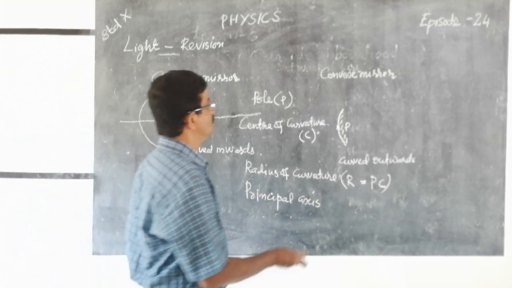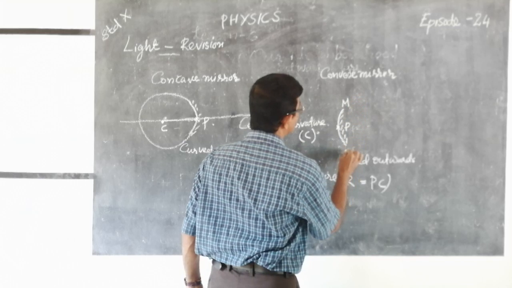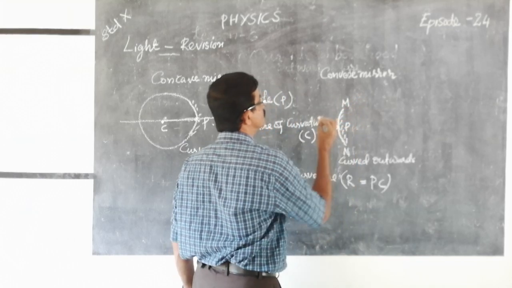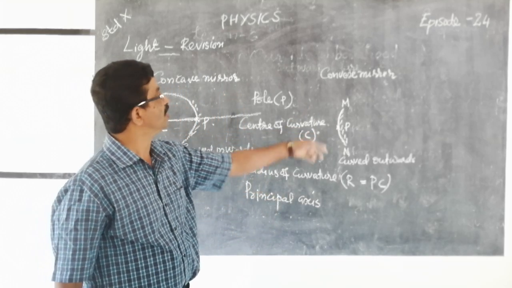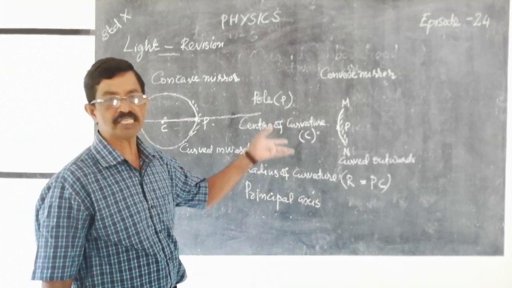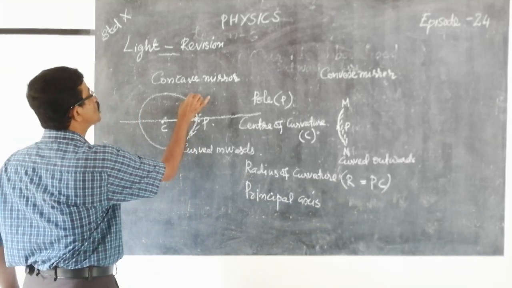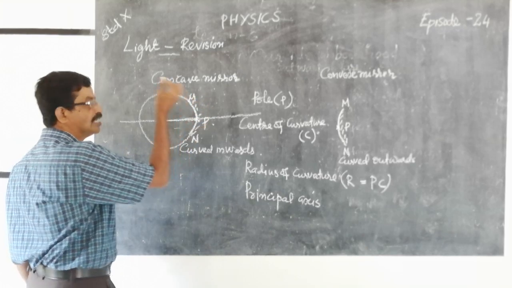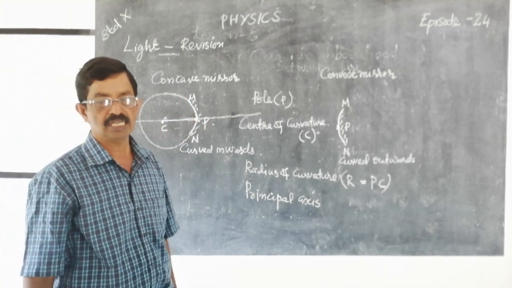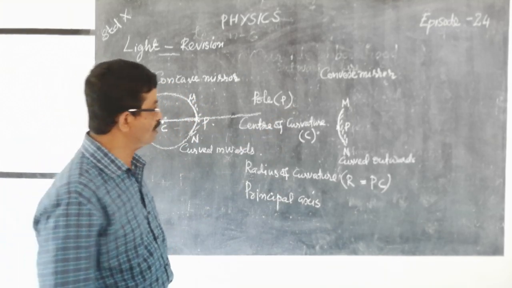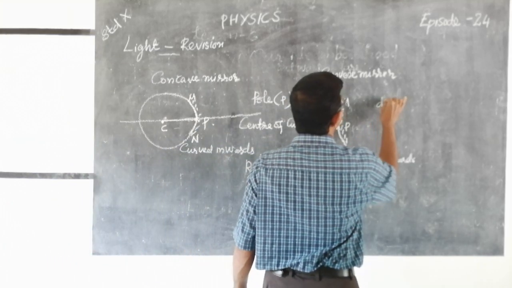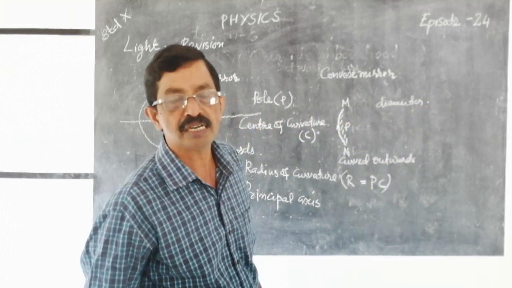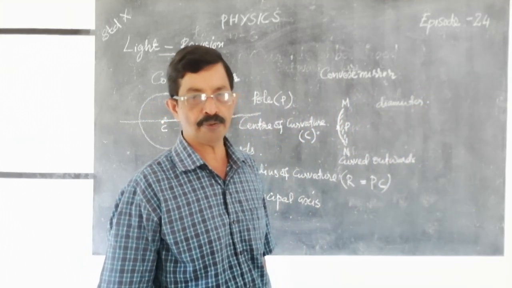Then see, this from here to here, it's a reflecting surface. This M represents a reflecting surface. Here also, this part M to N. Here this much part represents a reflecting surface. And the diameter of this reflecting surface is called aperture.